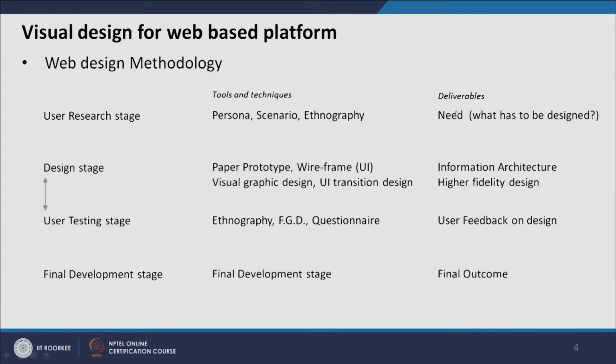So the next process from the user research stage is the design stage. After finalizing the need, that is the deliverable of the user research stage, we move on to the design stage. We start with the design. Also we have seen in the starting lecture of visual design methodology the double diamond method of Donald Norman. There we see defining the problem.